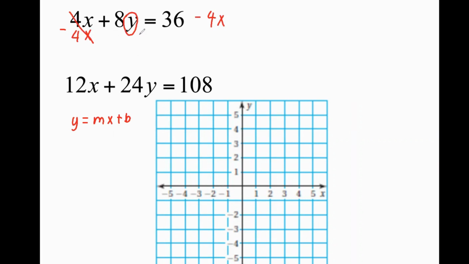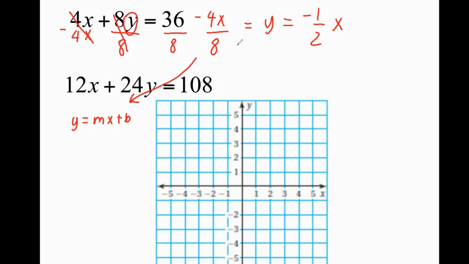And the reason why you want to do this is because your ultimate goal is to isolate your y value. And now that you've subtracted 4x from both sides, you can divide everything by 8, and that would give you y equals negative 1/2 x. Now I just rearranged it so that we can fit with y equals mx plus b. And I got negative 1/2 from negative 4 over 8.